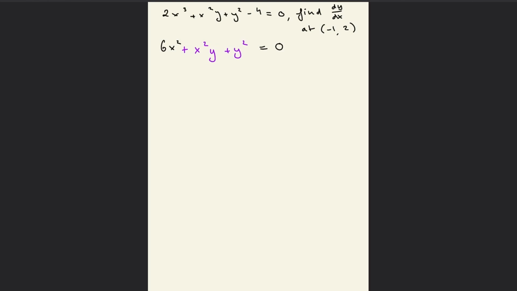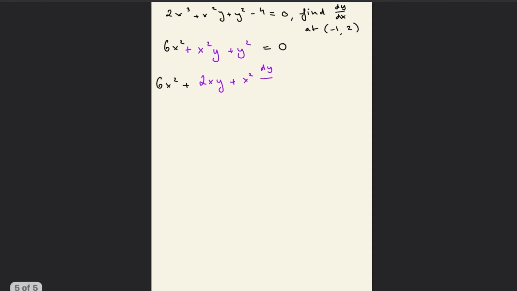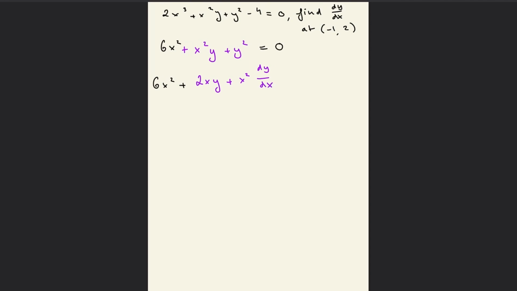I mean, if you think about it, you could do, for this part of the equation, the product rule. So when we rewrite this, we have 6x squared plus 2xy, because the product rule is the derivative of the first variable times the second variable plus the derivative of the second variable times the first variable, plus x squared times dy/dx.